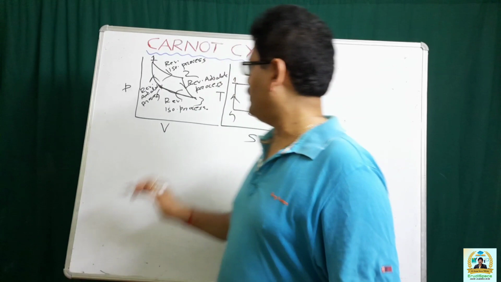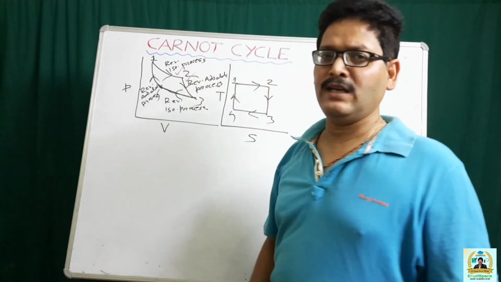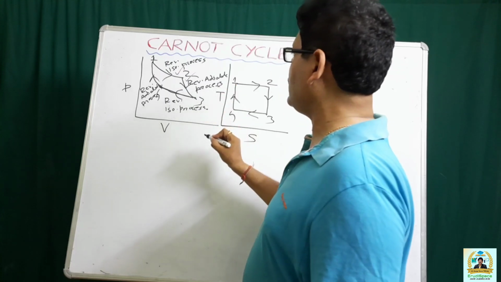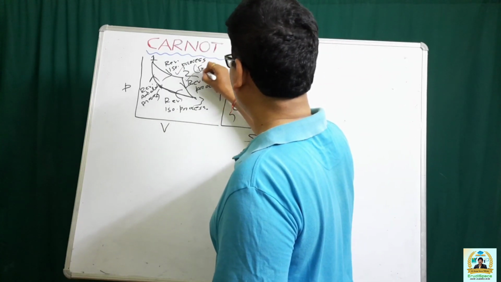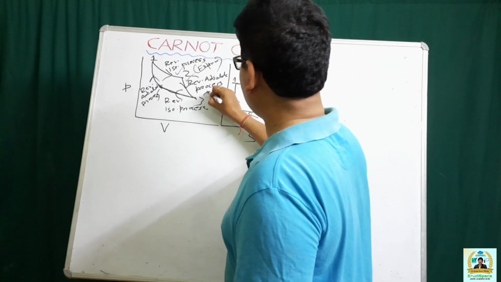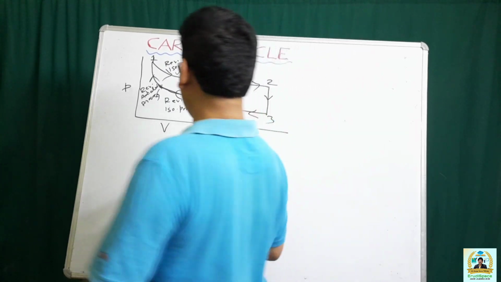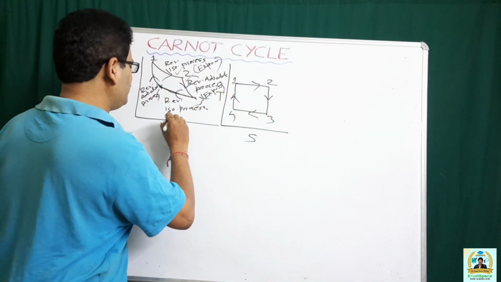So out of these processes, 1-2 and 2-3 are your expansion processes. This is also expansion, and these two are your compression processes.